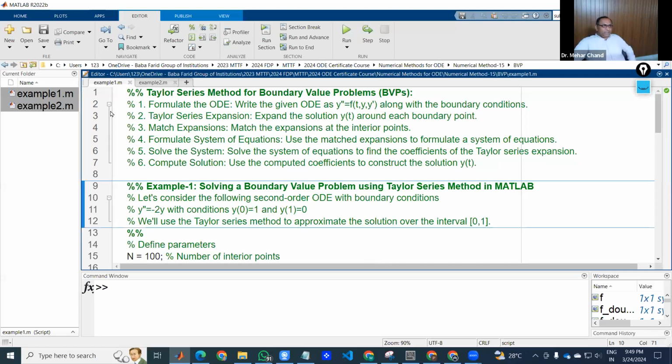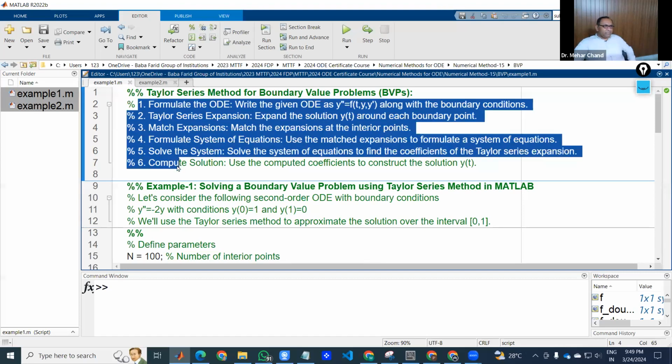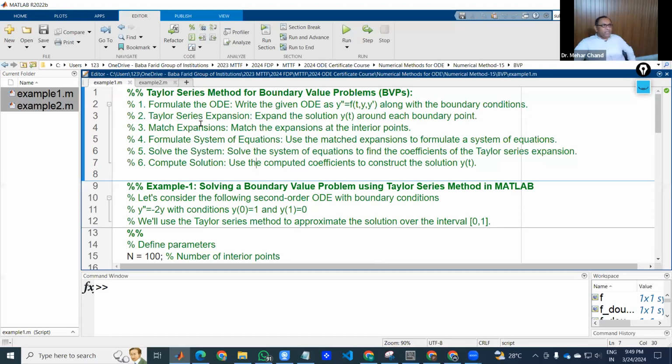So here the Taylor series method for boundary value problems we can use, and these are the few steps you need to follow. First, formulate: write the given ODE y double dash is equal to f(t, y, y dash) along with the boundary conditions.